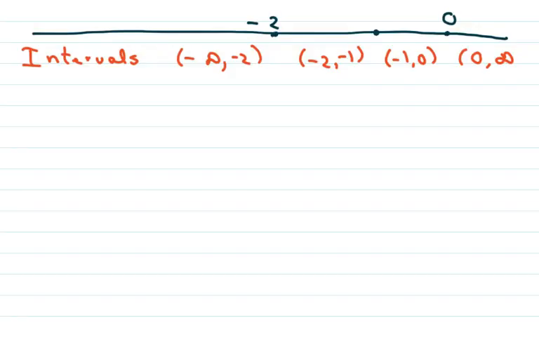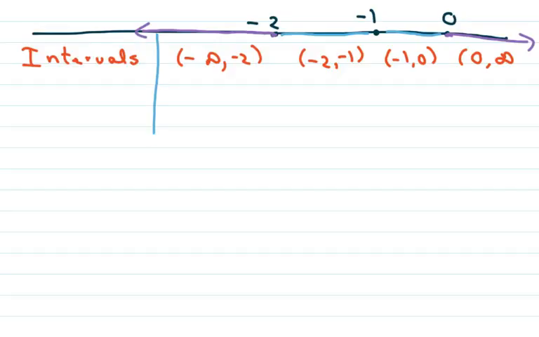I'm also picking negative 1 because that's my x-intercept, and I want to know what's going on from negative infinity to negative 2 on that interval of the graph, and on my vertical asymptote at x equals 0, what's going on that side. And I also want to know what's going on between my x-intercept.